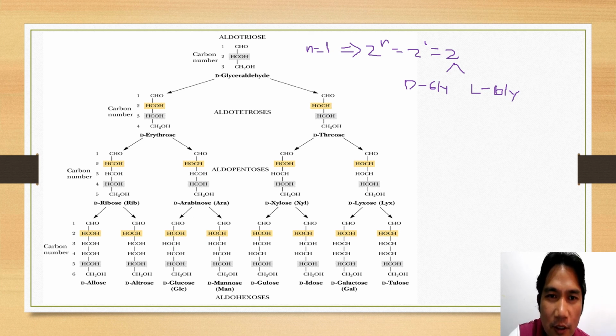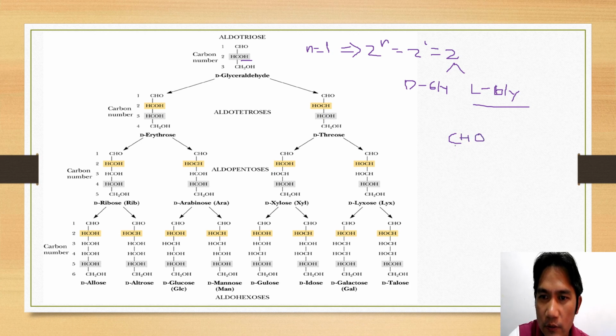In D-glyceraldehyde, you notice that the OH is at the right side, or dextrorotatory. The mirror image of D-glyceraldehyde, as we have learned, is L. So if we put this OH on the left side of the molecule, let's try to draw.